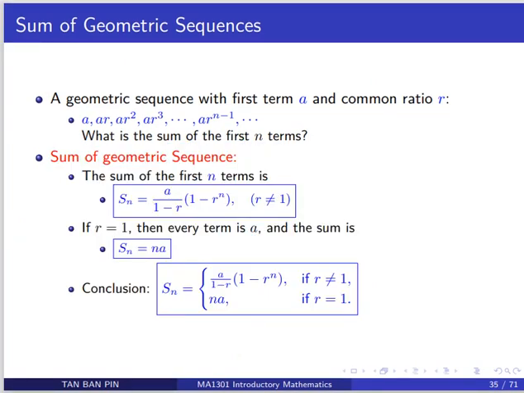So I have just shown you that the sum of the first n terms of a geometric sequence is given by this formula: Sn is a(1 minus r^n) over 1 minus r. And you take note r cannot be 1 because you divide by 1 minus r. If r is 1, it means you start with a, you multiply by 1, so the next term is also a. The third term is also a. Every term is a.